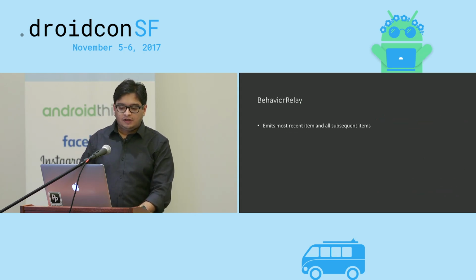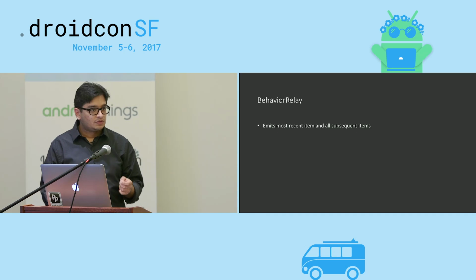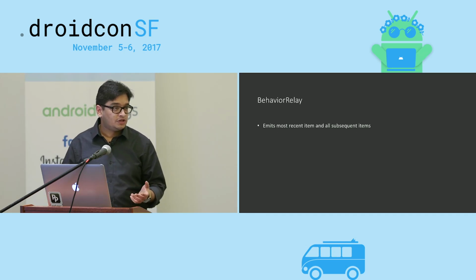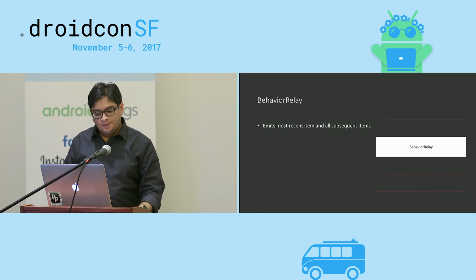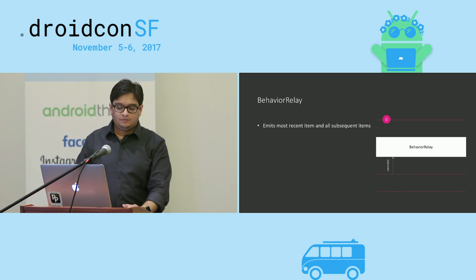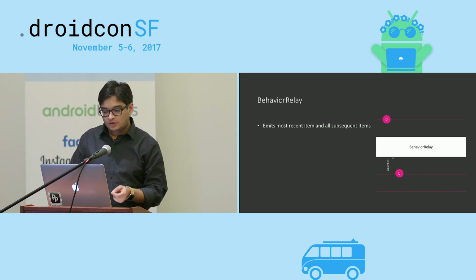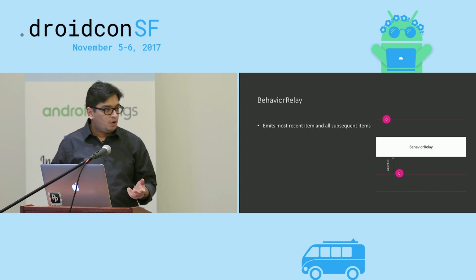Let's talk about BehaviorRelay. BehaviorRelay is a step advanced from PublishRelay, wherein it remembers the last item that was emitted even before the subscription happens. Let's take an example. Say your source emitted an item 0, your observer subscribes after that, but because it's a BehaviorRelay, it's going to emit 0, and that's its property.